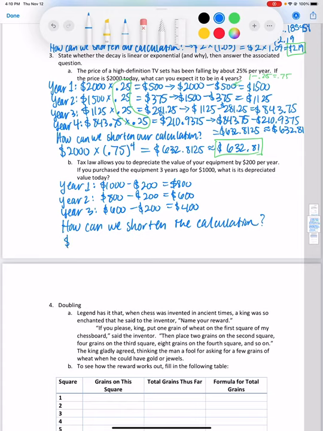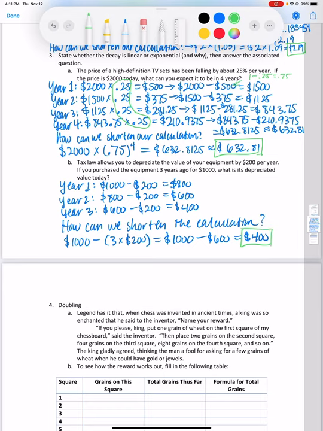We're going to take our $1,000 and subtract off 3 groups of $200, and use multiplication to help shorten this. That's equal to $1,000 minus $600, which is equal to $400, which is our answer.